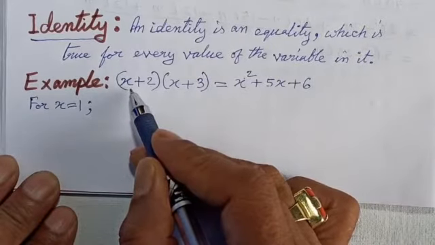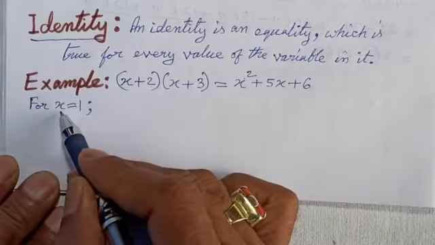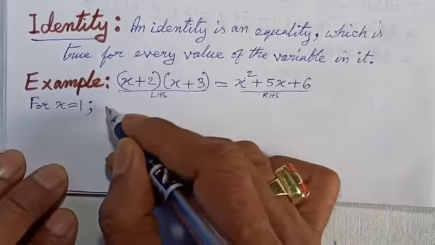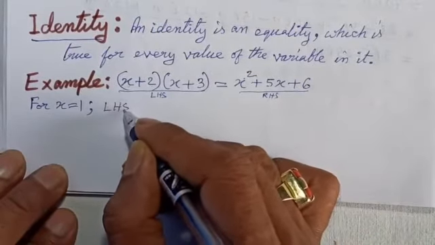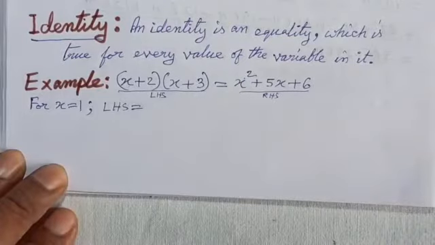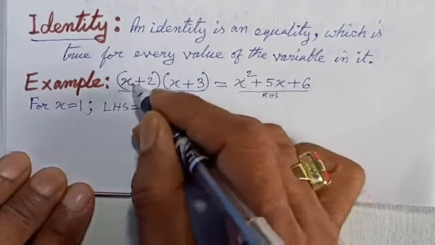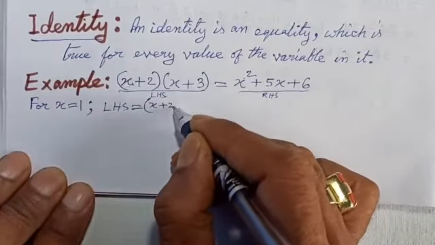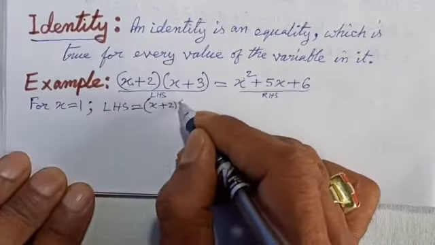Now for x equal to 1, let's put this x as 1 and find out this value. This is called left hand side and this is called right hand side. First let's find out the value of left hand side. Here left hand side is (x plus 2)(x plus 3).